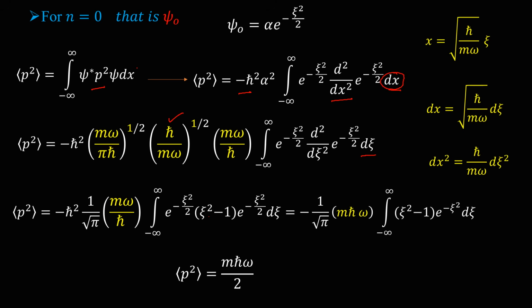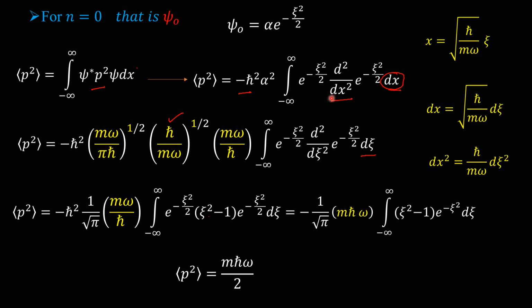Then what about here? You have x squared. So x is equal to this one. x is equal to square root of h cross over m omega z. Then x squared, you just square it. You will get h cross divided by m omega z squared.